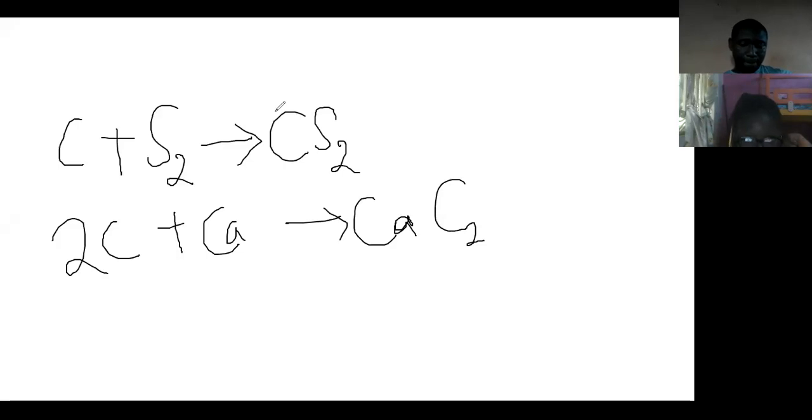So we're going to look at the reaction between iron 3 oxide and carbon. Can you give me the formula for iron 3 oxide? Fe2O3, correct.